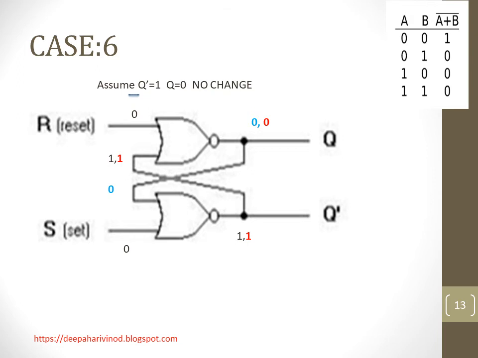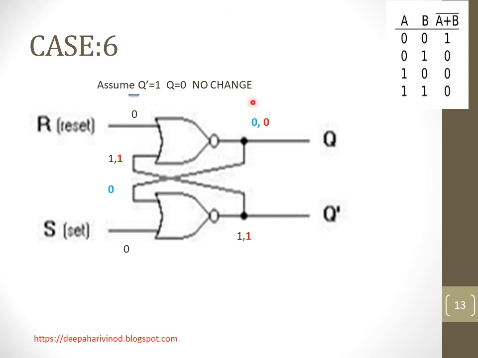See, q bar as 1 and q is 0. So here S and R both are 0. Q bar is assumed as 1. That 1 goes here. 0 and 1, we will get 0. That 0 goes here. So 0 0, it is 1. And again this 1 appears at this point.